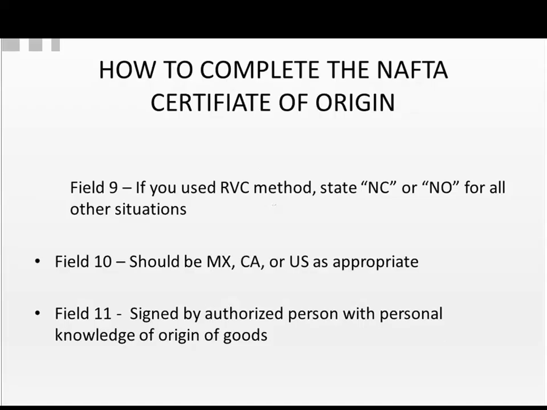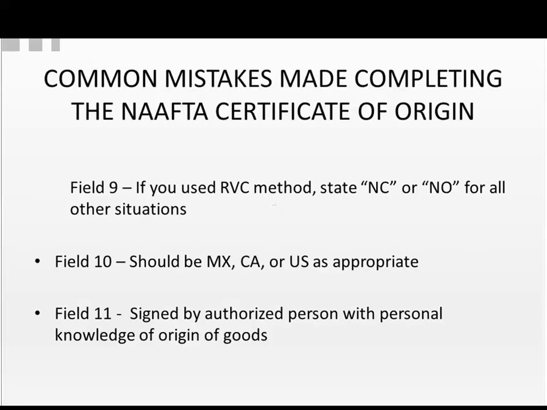Field number 11 means it must be signed by an authorized person who has personal knowledge of the origin of the goods. So you must designate, I should say, authorize someone in your organization who will have personal knowledge of the origin to sign the certificate of origin.